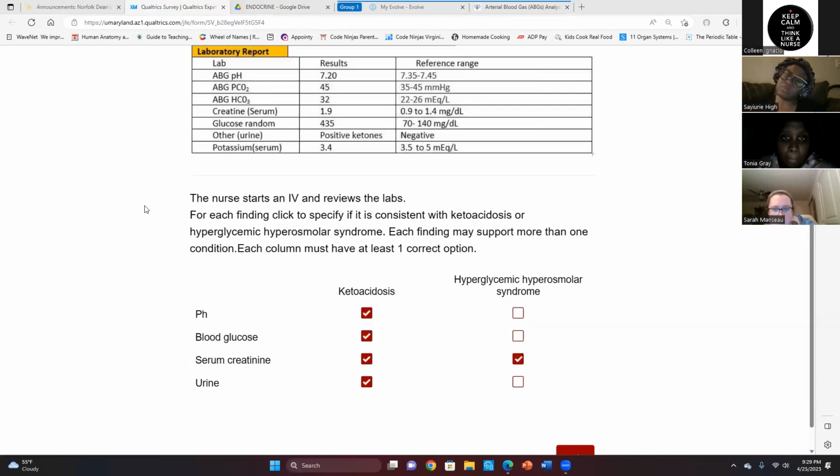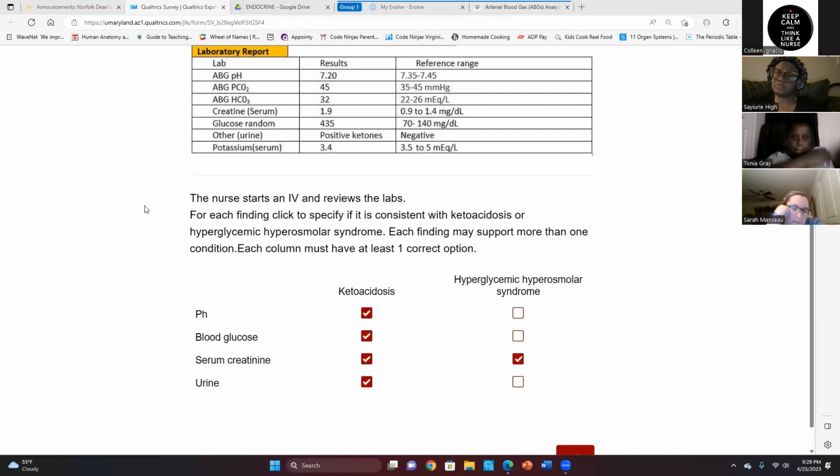We're going to look for signs of dehydration, and that makes sense with that serum creatinine. That tells us the patient is dehydrated. In HHS, the patient will also exhibit hypotension, tachycardia, and an elevated BUN. HHS is generally not seen with ketosis, and the patient can have an altered mental status.